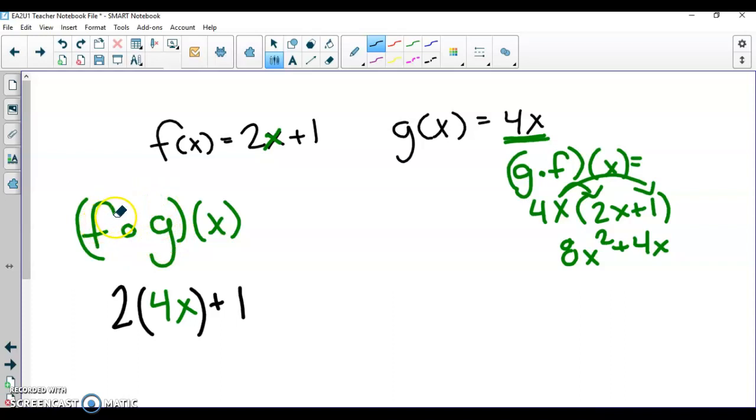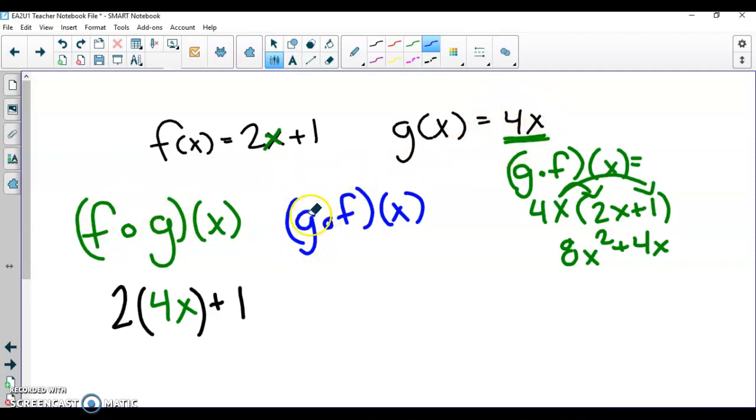to the first function. If I did one that looks like g composed with f of x, we have this composition sign, but notice g comes first here and f comes second. Order does matter. That means we're going to plug f into g. Here we plugged g into f. Here we're going to plug f into g. So now I will start with function g.